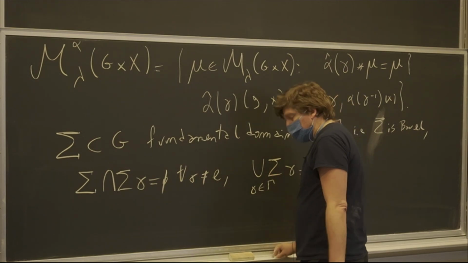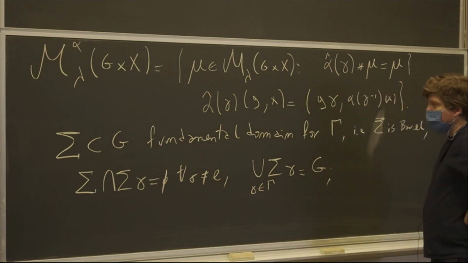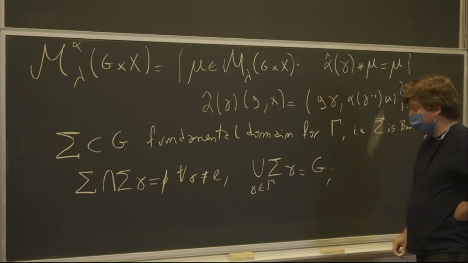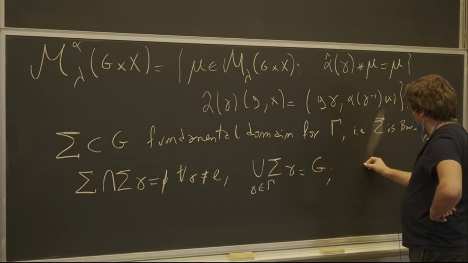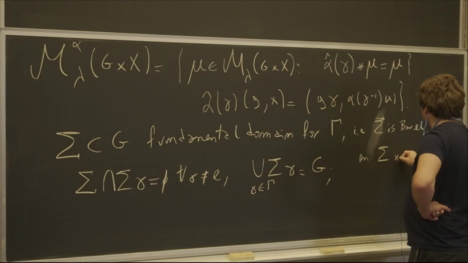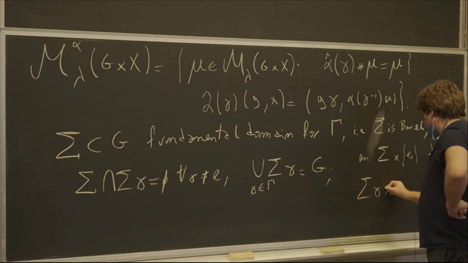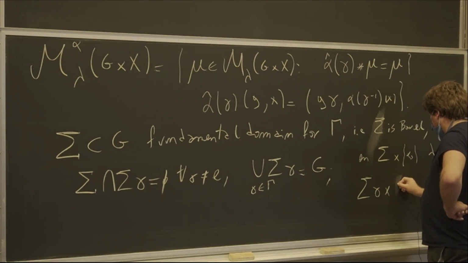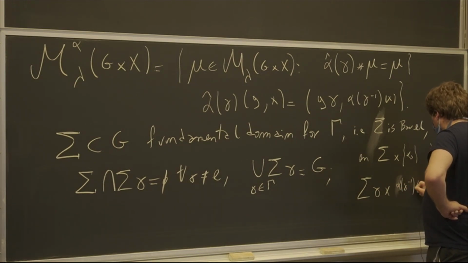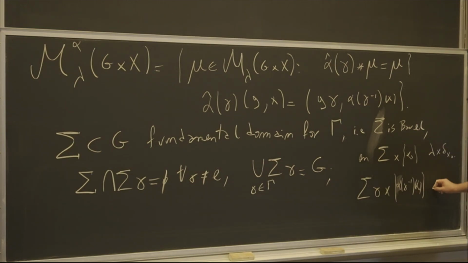So that's a fundamental domain for us. And then we do similar as before. So we take on sigma times x naught, we take lambda times delta at x naught, and then on sigma gamma times alpha gamma inverse of x naught, we take lambda times delta at alpha gamma inverse of x naught.